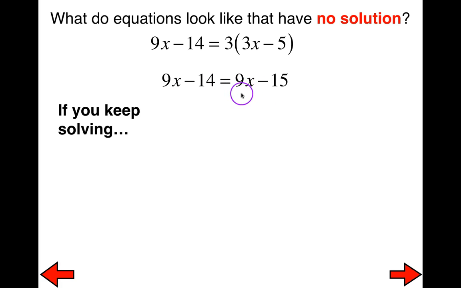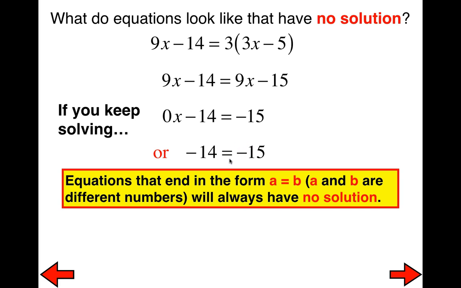So essentially, if you were to keep solving like I did in the last one, we ended up with negative 14 equals negative 15, which is a false statement. That is not true. So when we get equations in the form of a equals b, meaning they are different numbers, then your answer will always be no solution.